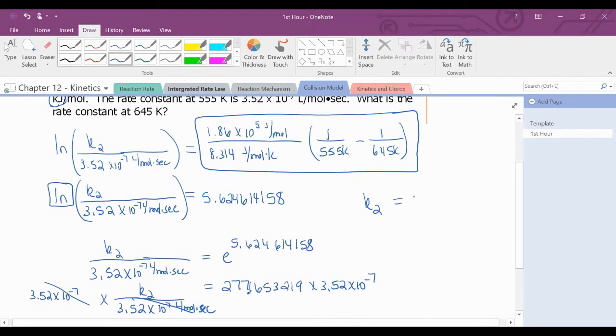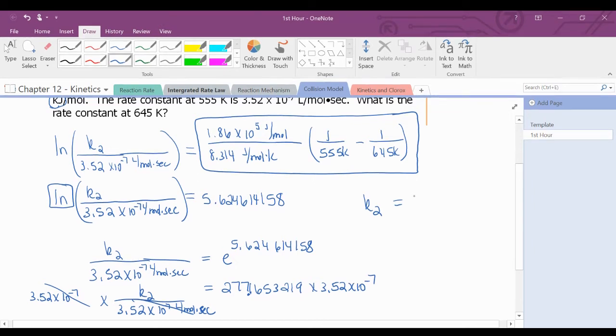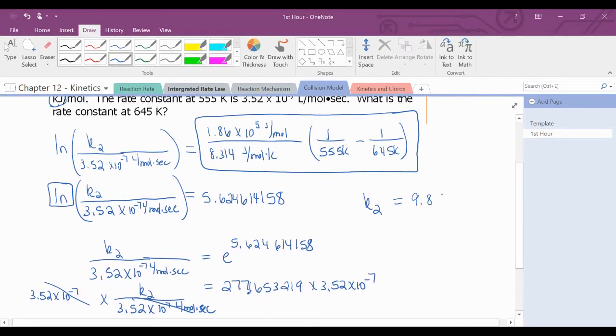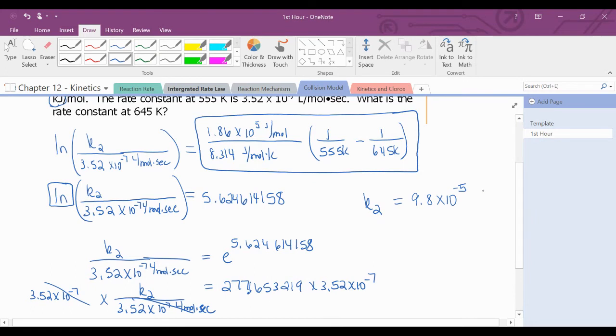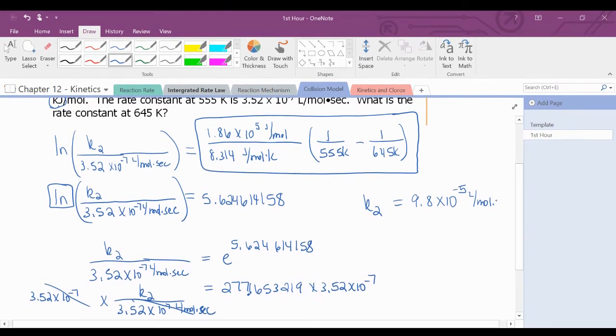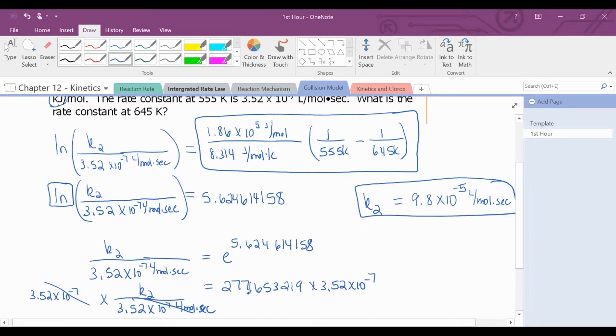And we should get an answer of 9.8 times 10 to the negative 5th. And the order of reactions would be the same, so the rate constant unit should be the same as it was in K1. We get liters per mole times seconds. That's our correct answer.